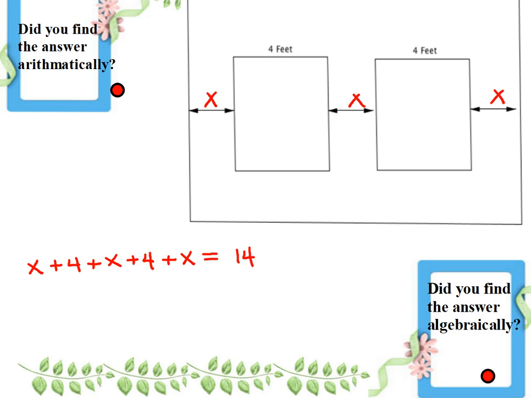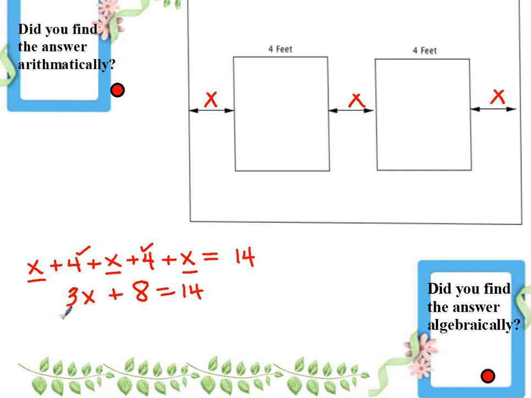Now, can I put anything together that are the same? Absolutely, right? I have an x here, another x, and another x. So how many do I have all together? Perfection, 3 x's. And then I have a 4 and a 4, which is 8 equals 14.